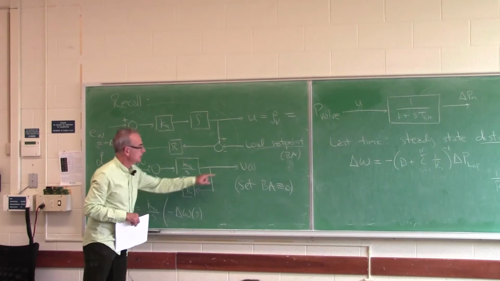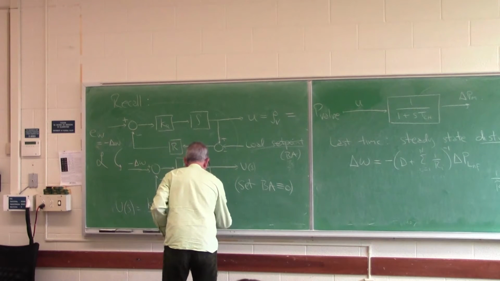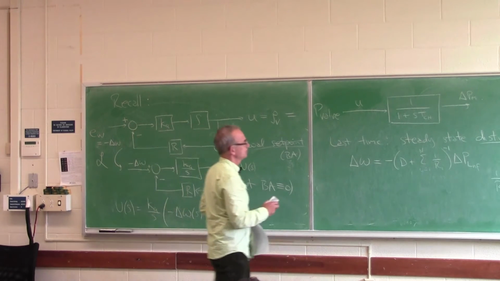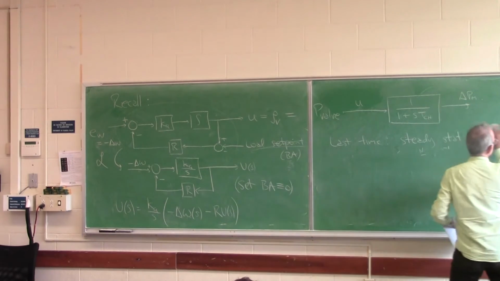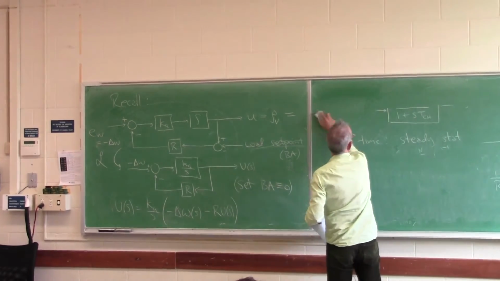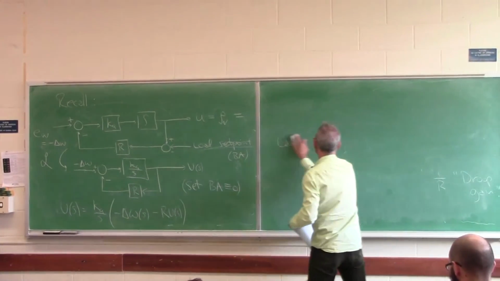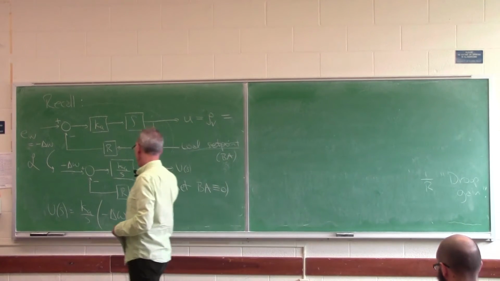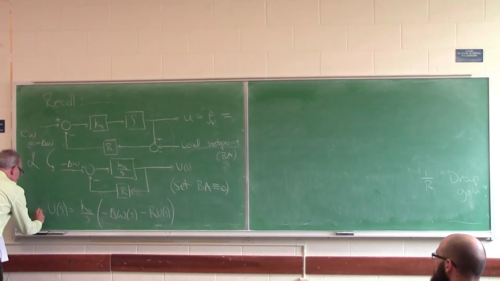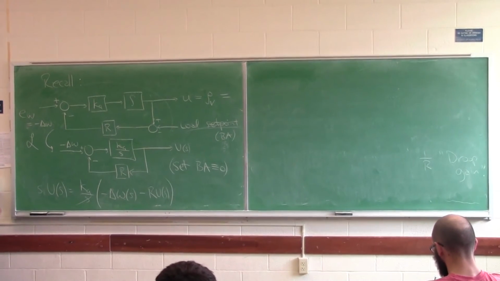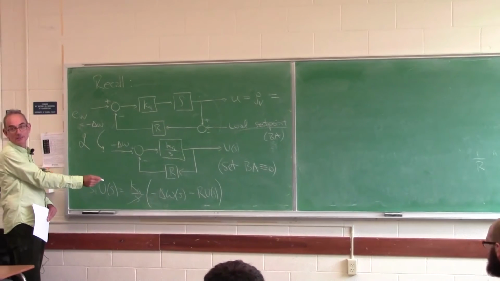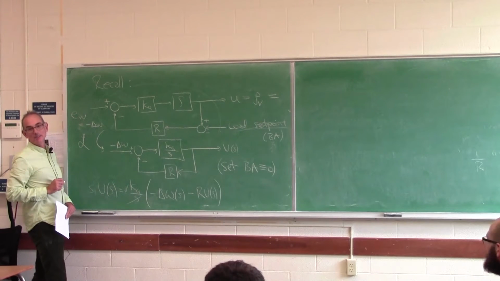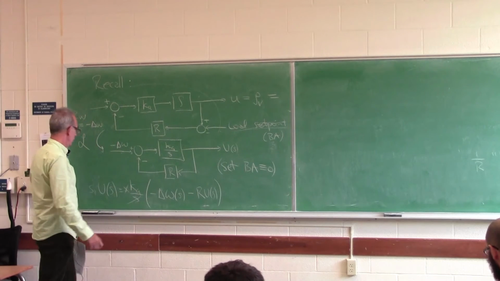And then minus R times U of S. And we can then unravel this. It's easiest to multiply through by S. If I multiply both sides of this equation by S, I'll get an S times U of S, and I can cancel. Okay. And what will I get?